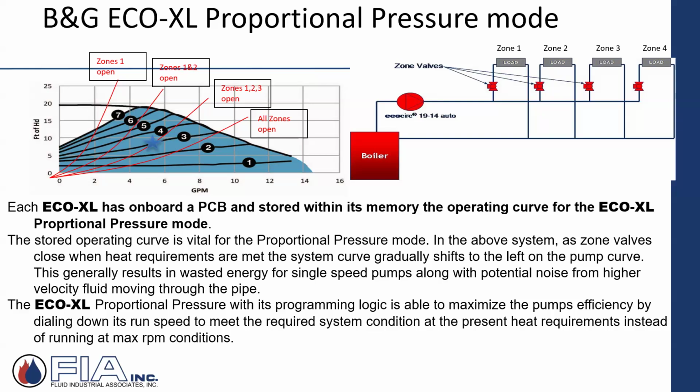So I'm slowing down the RPMs and staying on this pump performance curve. So I back down, and as more zones close, I just follow down on that curve. It looks pretty simple, but that's pretty good stuff in terms of saving energy, and it's all built in on the pump. So that's just a visual showing what proportional pressure is all about.